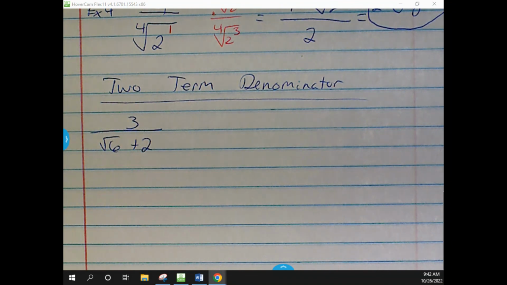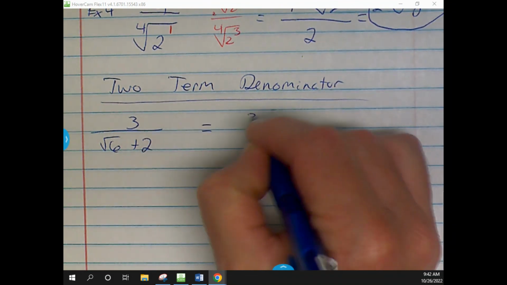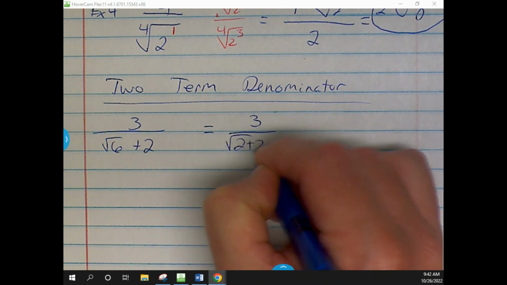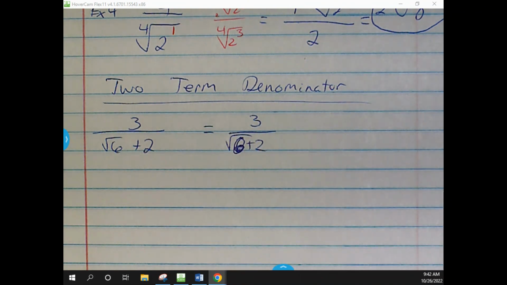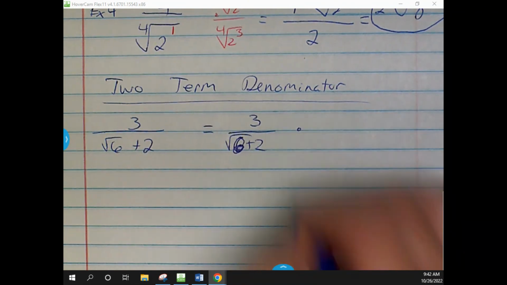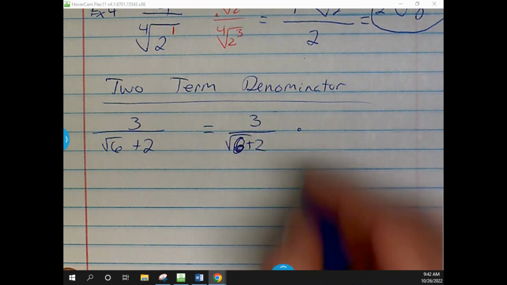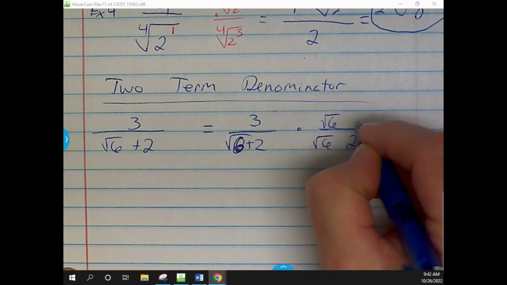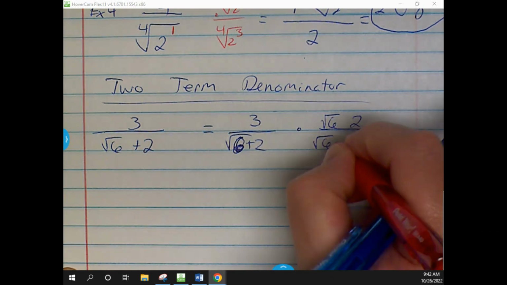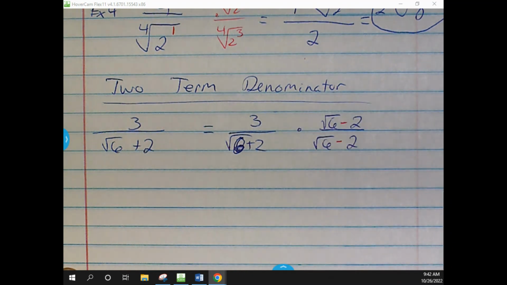If it's a two-term denominator, we're going to take the original problem we've got, and we're going to multiply the numerator and denominator by the same thing in the denominator, except we're going to change the sign from positive to negative. Anybody remember what that was called? There we go. It was conjugate. So if you change the sign, that's the conjugate.